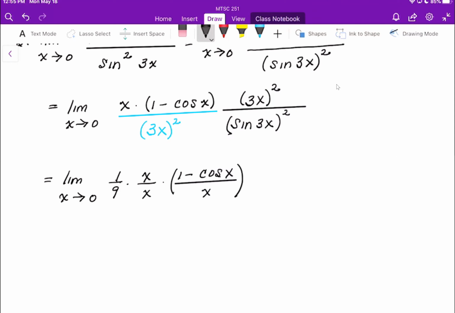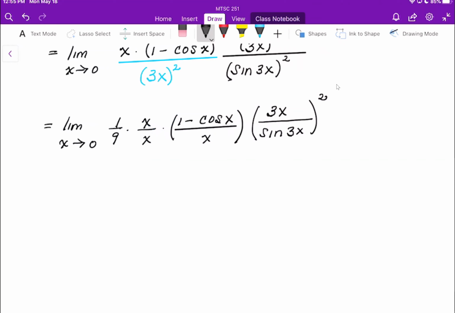So I see where here's my 3x squared right there. And then I'm going to have 3x over the sine of 3x quantity squared.